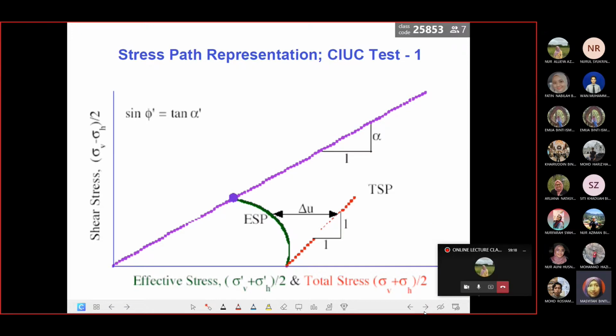Okay, the next one, when you plot, this is what we get, the dotted line or dotted dash. All these dotted dashes will connect to produce one KF line. From the KF line you can produce the total stress path and also the effective stress path. So the lines indicate how the ESP goes backward from the difference in the pore water pressure.